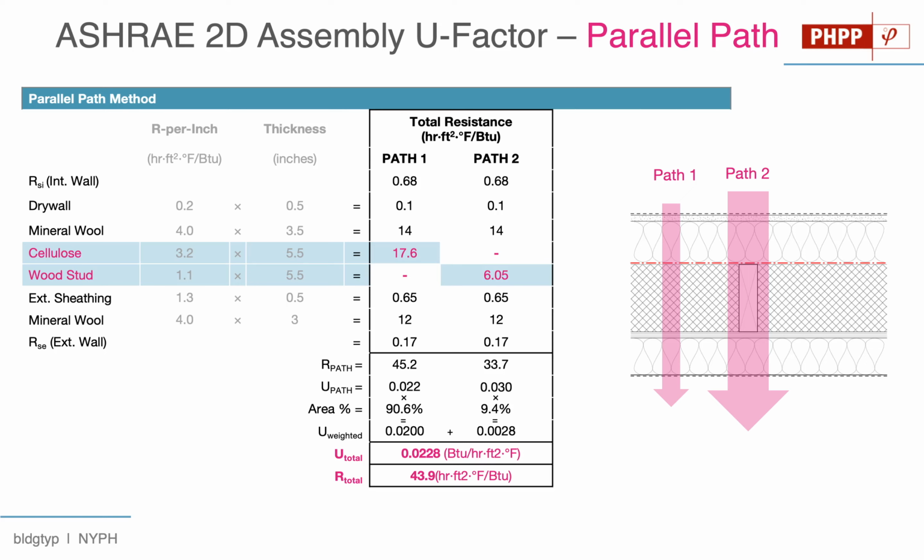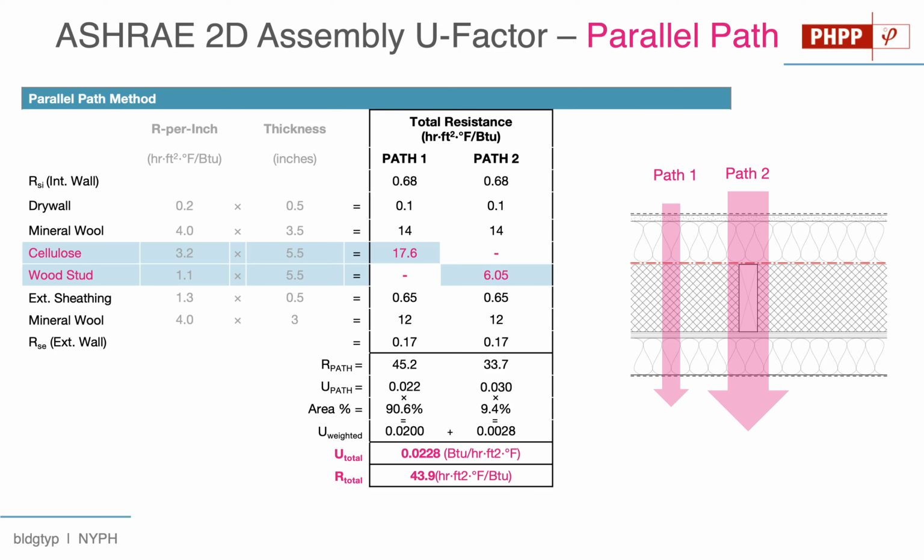Then we're going to multiply those individual pathway U values by an area weighting factor. So that area percentage describes how much of the total surface area is composed of each pathway.